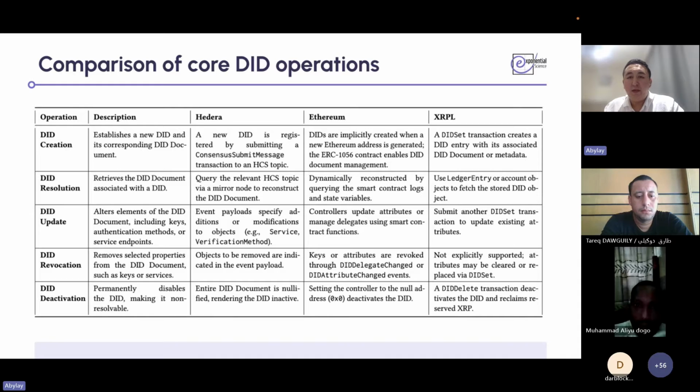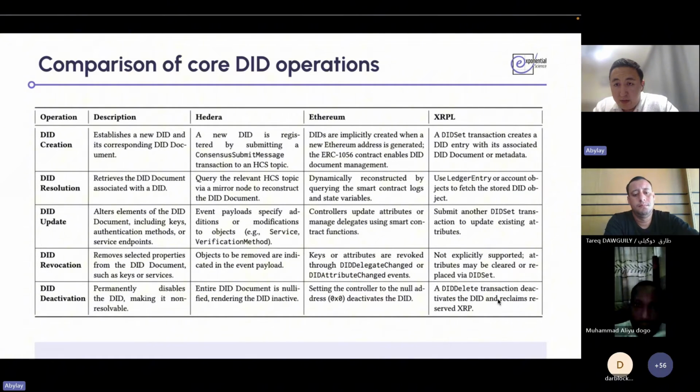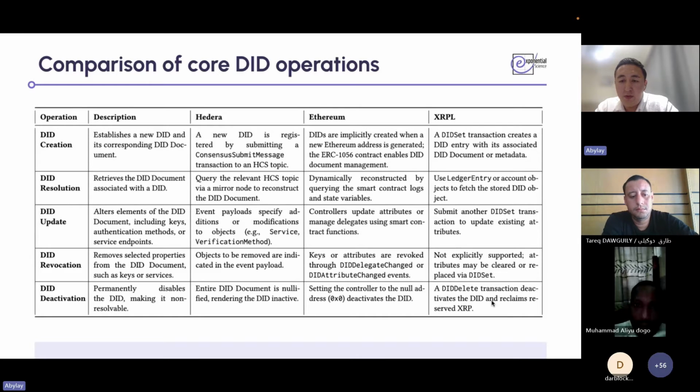Basically no one can do anything with that DID anymore, because the null address controls it and there is no controller for the null address. So it's kind of smart. In XRPL, it's similar to Hedera. It's just a new transaction which deactivates the DID and reclaims the reserved XRP, it says.